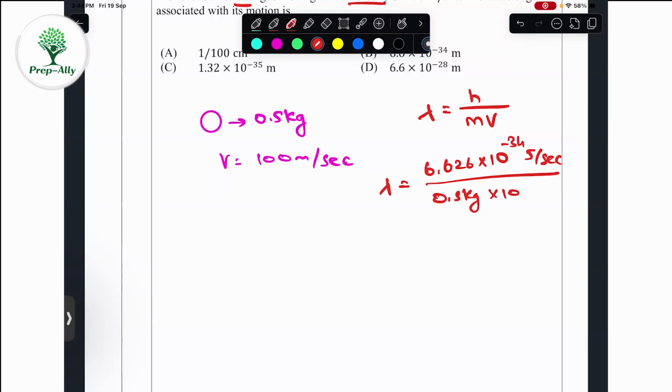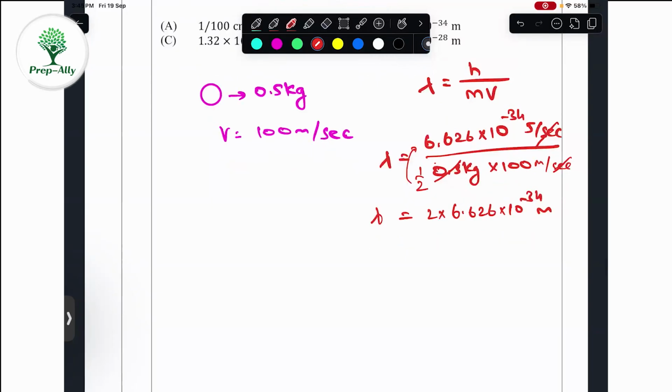So into velocity 100 meter per second. So these two will get cancelled. And the final thing you will get is, anyway, 0.5 is 1 by 2 now. You just multiply this 2 here directly so that you can calculate very, very fast. Only meter will depend.